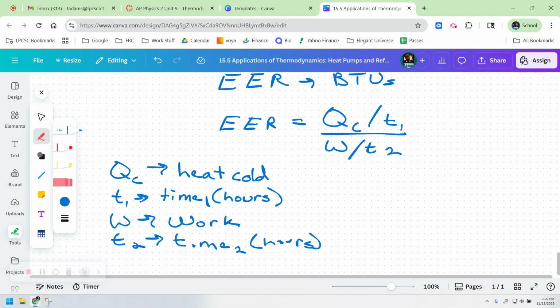And unfortunately, we don't have a lot of examples. I don't have an example in the book, but there's probably a homework problem. I think it's probably going to be straightforward. There's a time and then a second time for the work that's being done, and they'll spell it out for you. But that's it. That's the section. You guys have any questions?